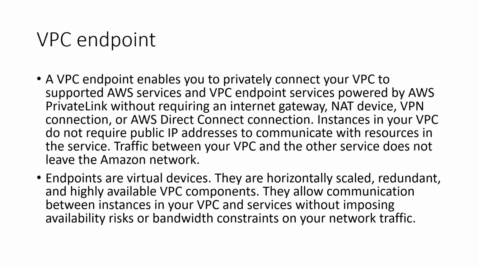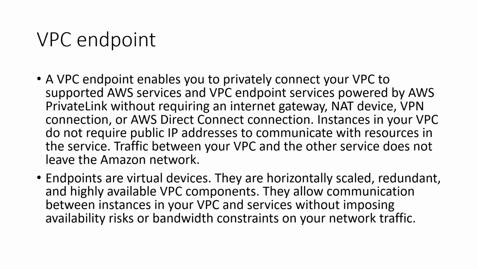Your packet doesn't go out to the regular public internet. Endpoints are virtual devices. They're horizontally scaled, redundant, and highly available VPC components. They allow communication between instances in your VPC and services without imposing availability risks or bandwidth constraints on your network traffic. So what happens is you will create an endpoint.